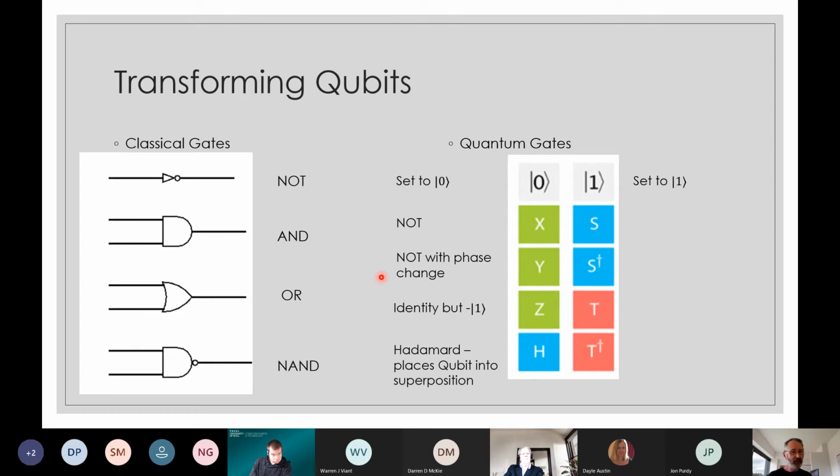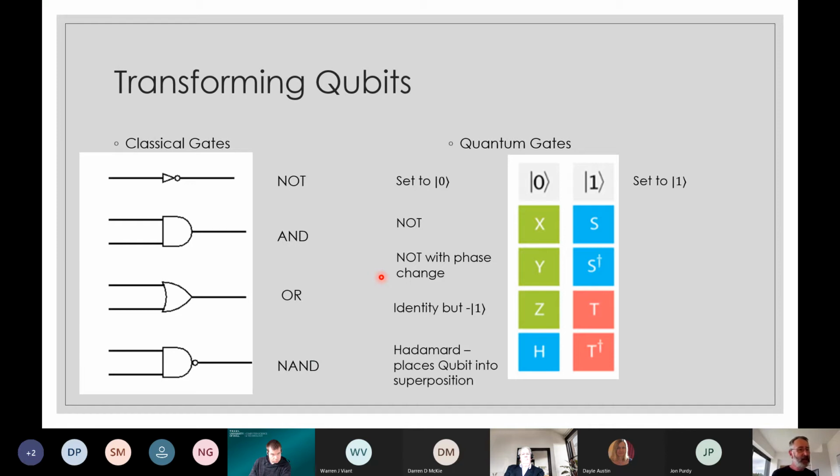We now have the concept that we can set certain things in this superposition type state. Say it's an electron that is either pointing north or south, north being 1, south being 0, for instance. In classical computing, we have gates.